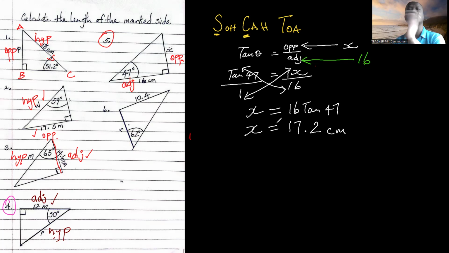Everybody okay with this? Yes, sir. It's centimeters, right? Yeah, number 5, 17.2. Everybody okay with this? Jeremiah? Yes, sir. I get it right, sir. You got it right? Me too.